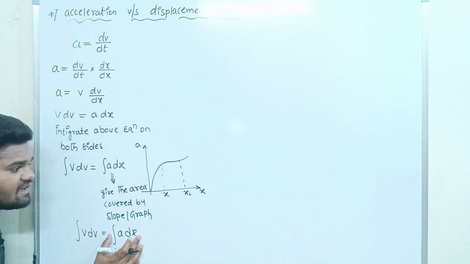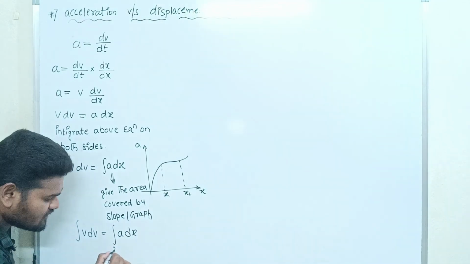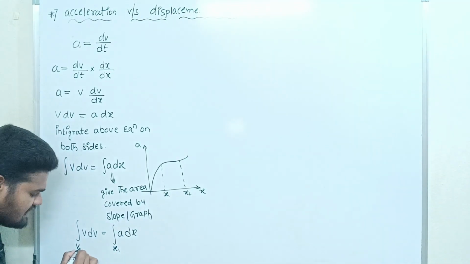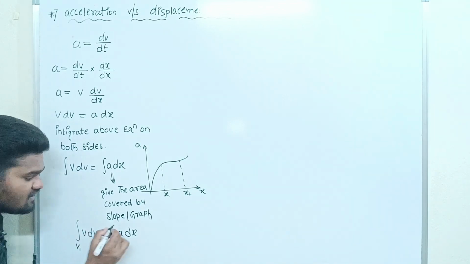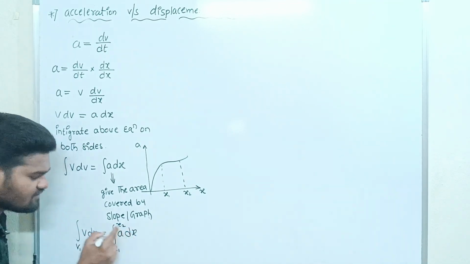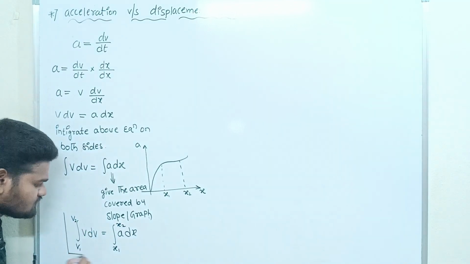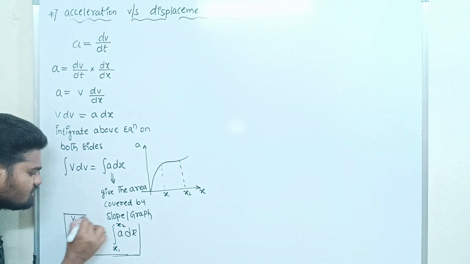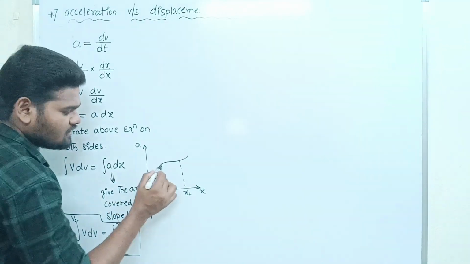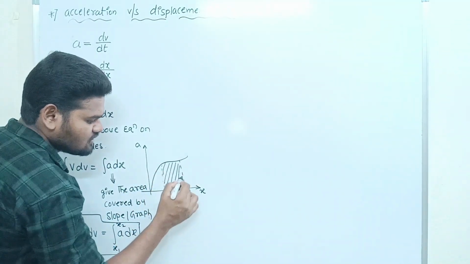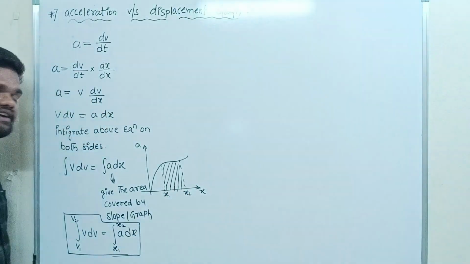Have a look. Integration of v dv is equal to integration of a into dx. At any particular instant of time, the position of the object is x1, and at this time the velocity of the object is, let us say, v1. After some time t, the position of the object is x2, and at this time the velocity is v2. So now this integration of a dx gives the area under the graph.